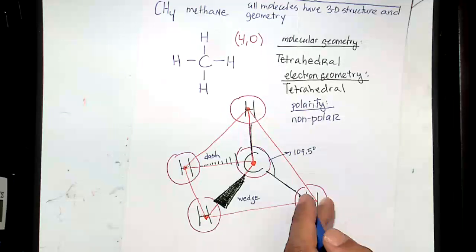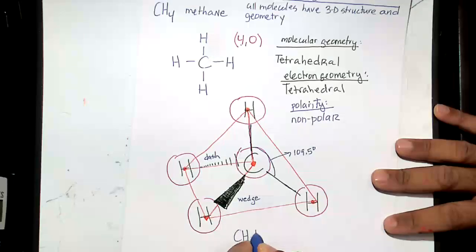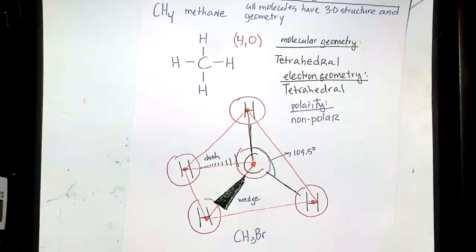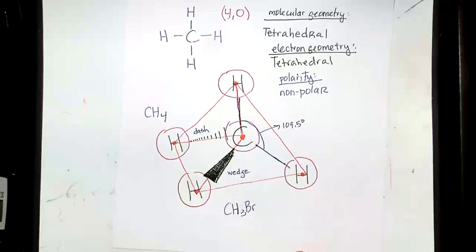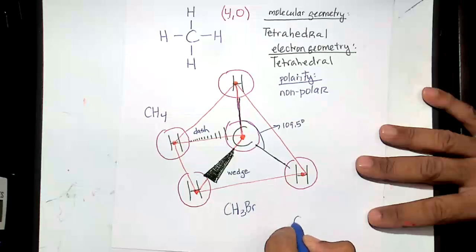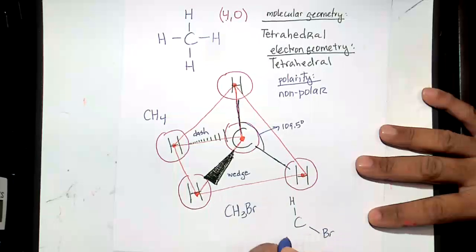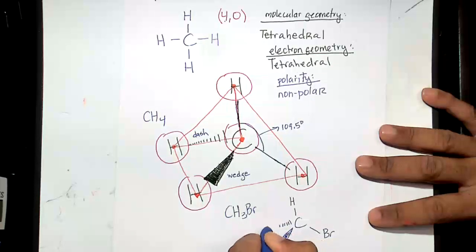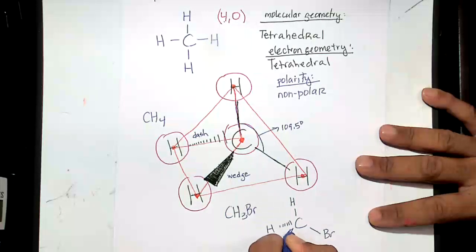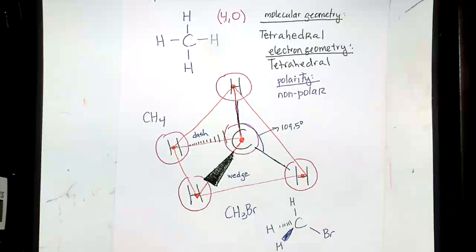If I were to replace one of the hydrogens with bromine, so instead of CH4, which is methane, I get CH3Br. Now I'll ask you the question, is this polar or non-polar? What would you say? Okay, now you would say this is polar.